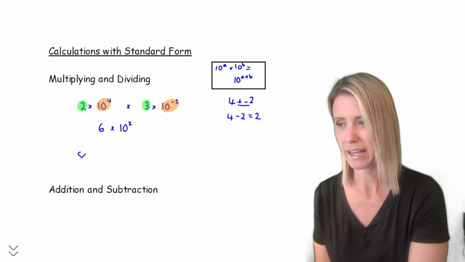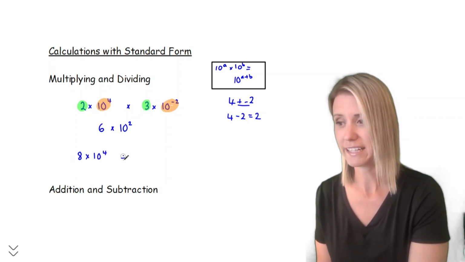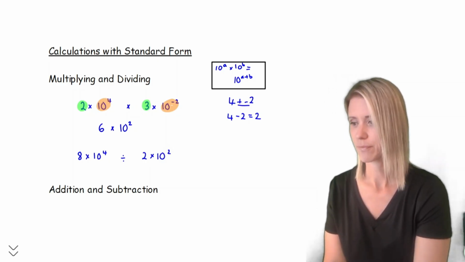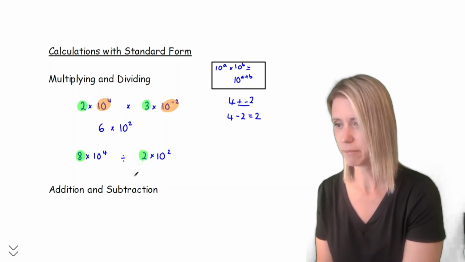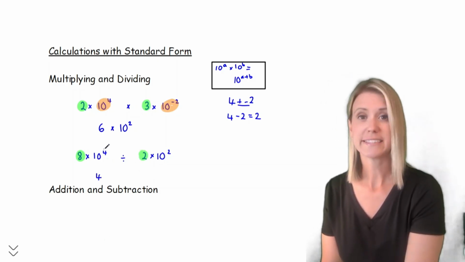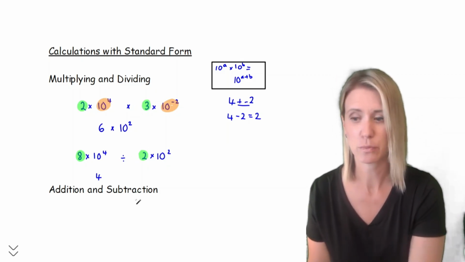So if we had 8 multiplied by 10 to the power 4 divided by 2 times 10 squared. Once again, start by doing the 8 divided by 2. 8 divided by 2 is 4. Then 10 to the power 4 divided by 10 squared. If we're dividing powers, we subtract them.